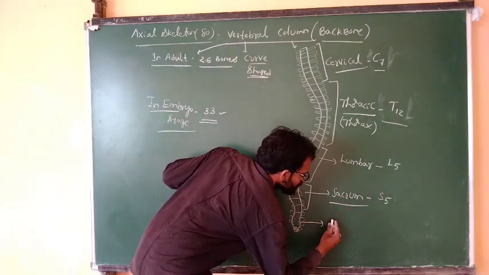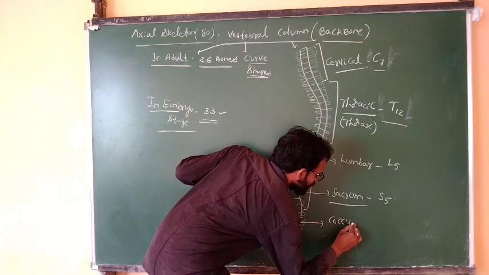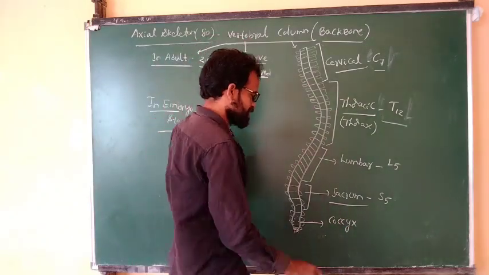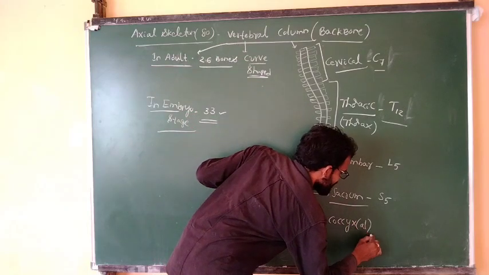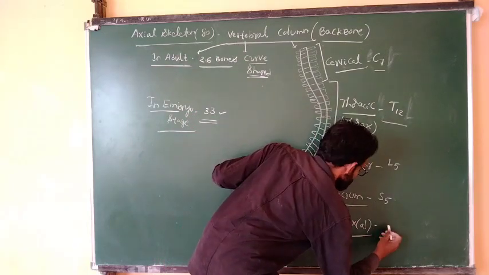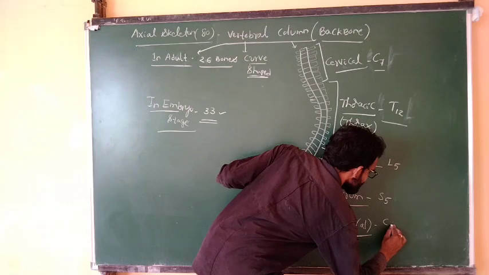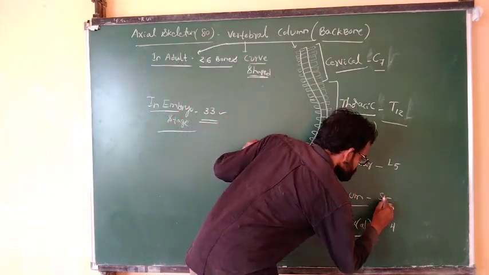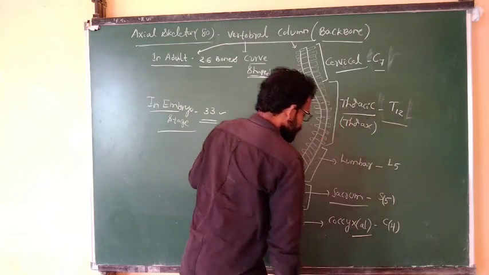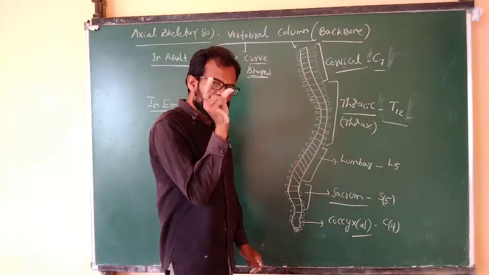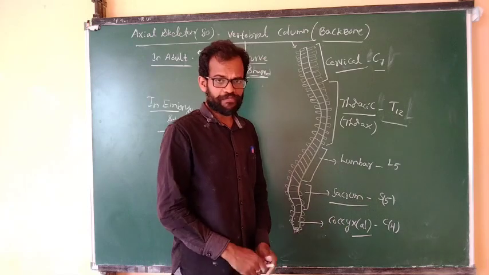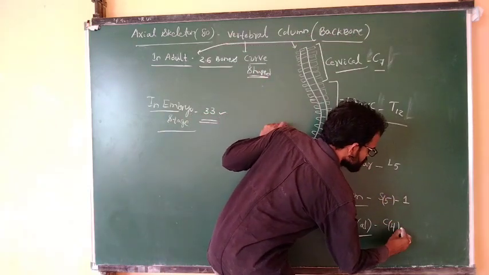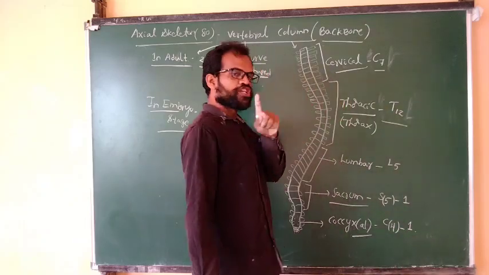Next one, coxal. It consists of coxal bones, which is 4. But here 5 bones are fused and exist as a single bone, and 4 bones exist as a single bone.